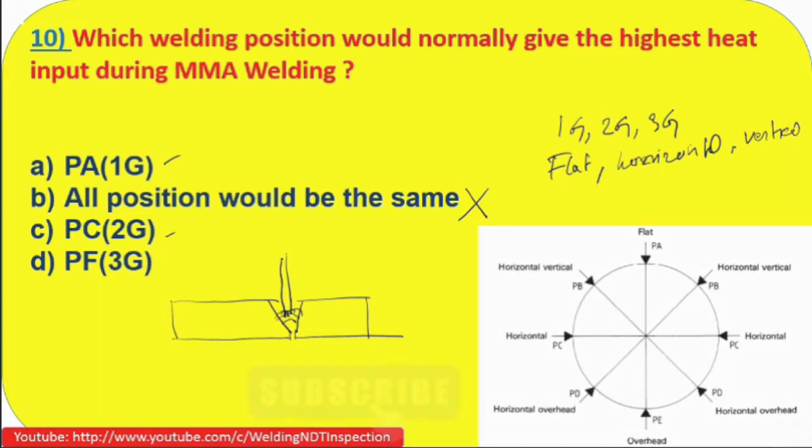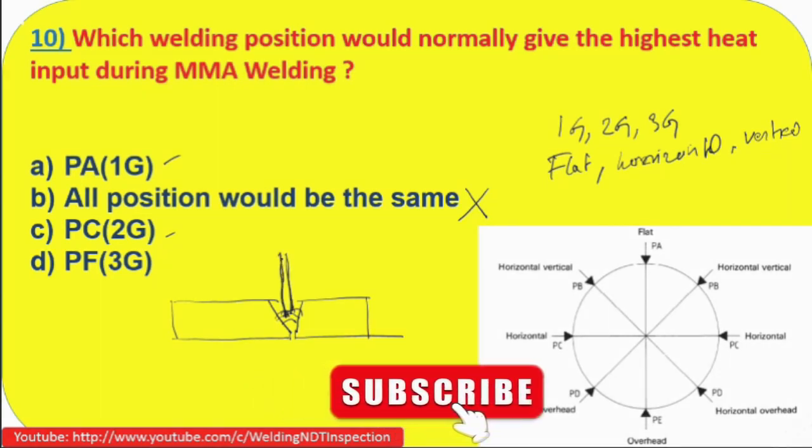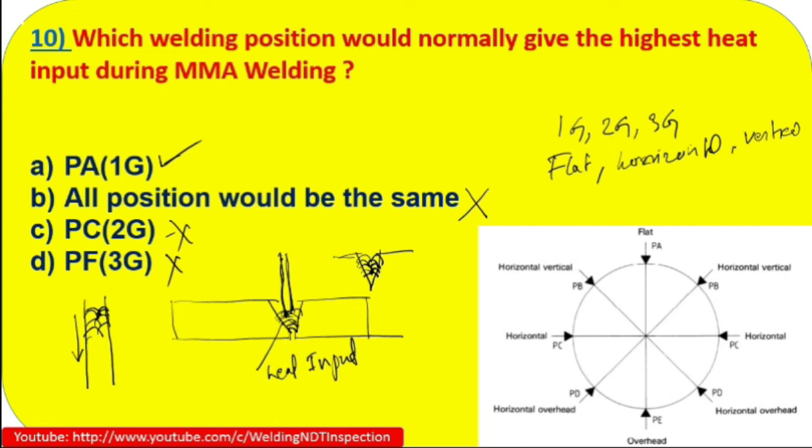So when the welder is doing welding straight like this, it is the flat position. In the flat position the current will always be more and the heat input is always more. The heat input is always more in the 1G position. So the correct answer is 1G. So the answer is option A. Option A is the correct answer.